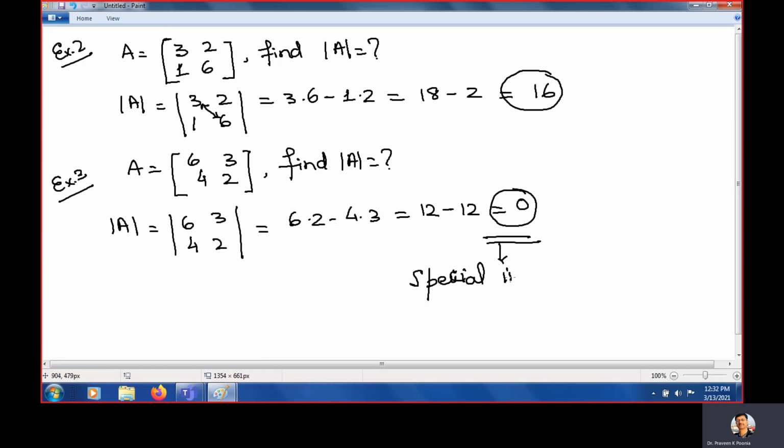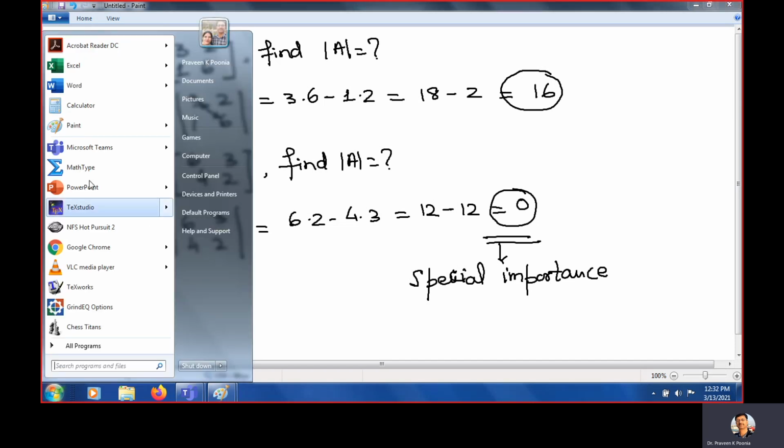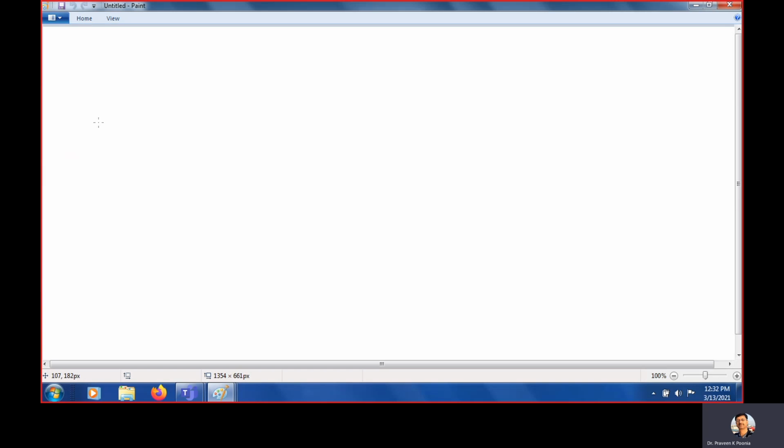What does special significance mean? What is special importance in the matrix? If determinant is equal to 0, then we study another type of matrix, that is singular matrix. Singular matrix we study in matrix. What is a singular matrix?